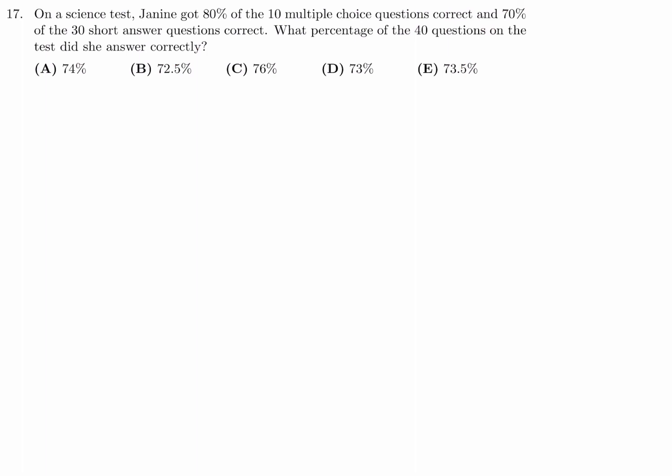On a science test, Janine got 80% of the 10 multiple choice questions correct and 70% of the 30 short answer questions correct. What percentage of the 40 questions on the test did she answer correctly? So 80% of the 10 questions and 70% of the 30 questions.